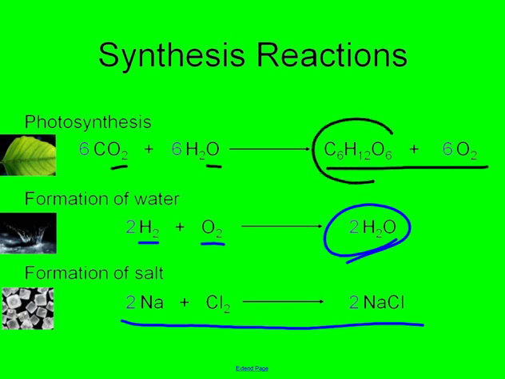We have one main one, which is glucose, and we also have a waste product of oxygen, which of course we are quite thankful for. This is one reaction that's an exception to the rule. And the question you might be asking is, if it's the only one that does not have a single product, how do we know that it's synthesis? Because it's in the name. Photosynthesis.